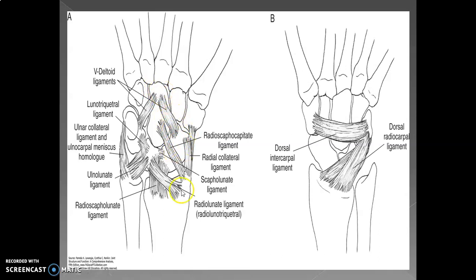This is the scaphoid on the radial side, scaphoid to capitate, and then you have the lunate to capitate. Even though they are separate ligaments, they act together. They stabilize the capitate in the center. This is the lunate bone and this is the scaphoid bone, and this is the capitate, the middle of the distal carpal row.